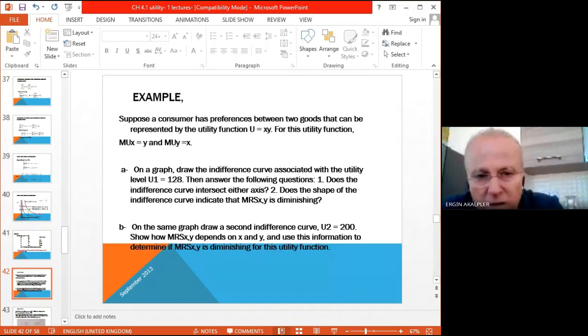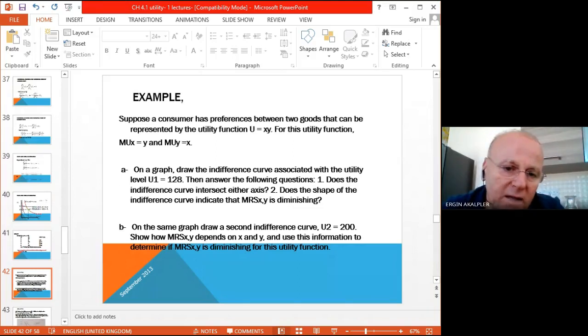Suppose a consumer has preferences between two goods that can be represented by the utility function u equal to x multiplied by y. For this utility function, when calculating the marginal utility of x and the marginal utility of y, you know the marginal utility of x is delta u over delta x, and the marginal utility of y is delta u over delta y.